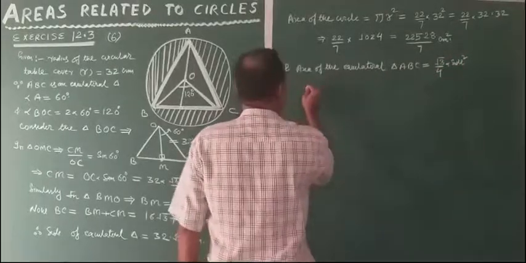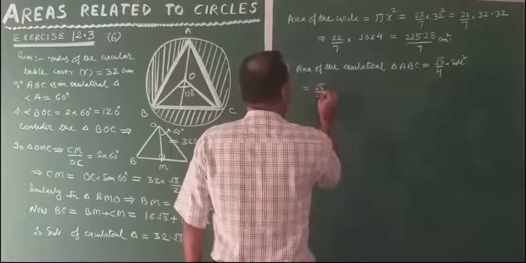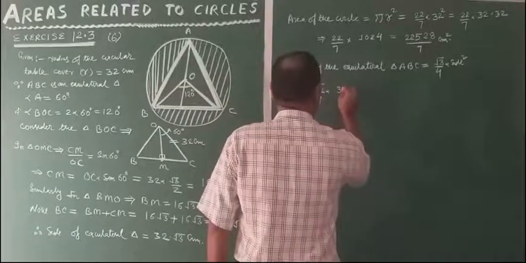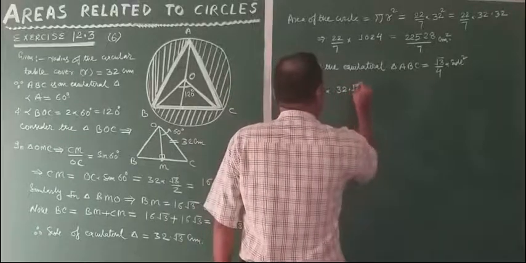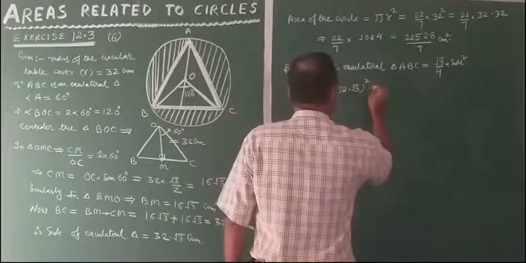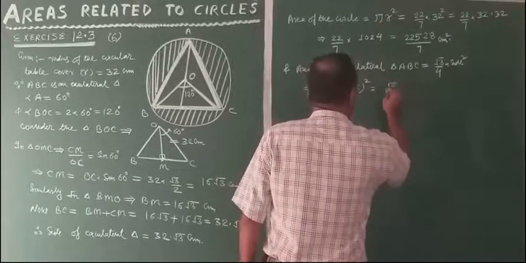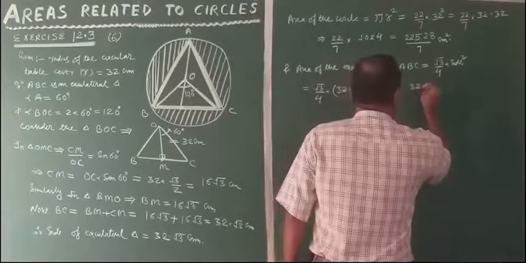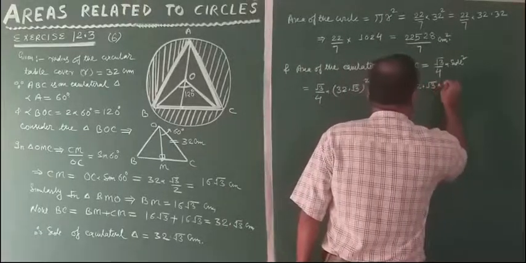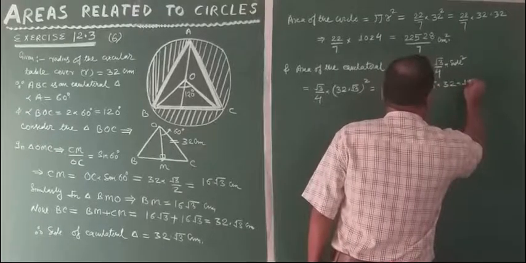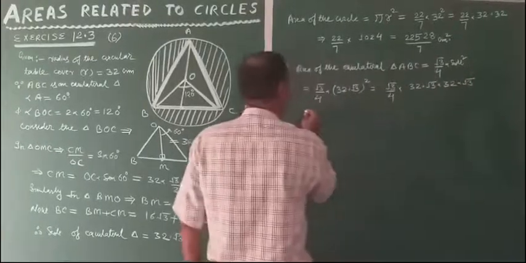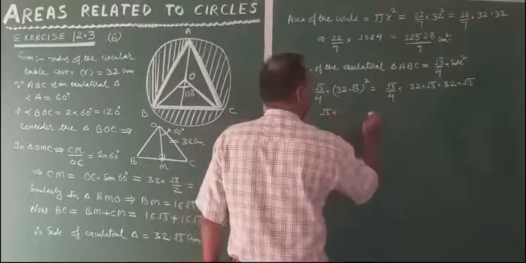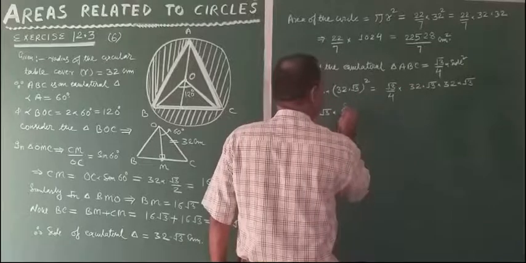So that is root 3 upon 4 and the side is 32 root 3, whole square. So this will be root 3 upon 4 into 32 root 3 multiplied with 32 root 3. Now just solve it. 4 into 8, 4 8 ja.